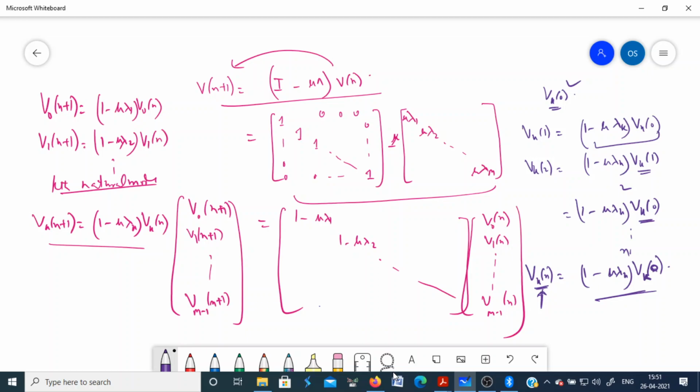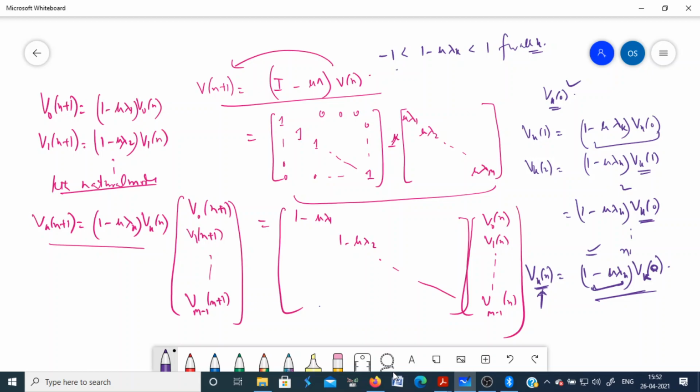And that will happen only when this factor 1 minus mu lambda k has magnitude less than 1. So the condition becomes minus 1 less than 1 minus mu lambda k less than 1 for all values of k, because it is a geometric progression series.